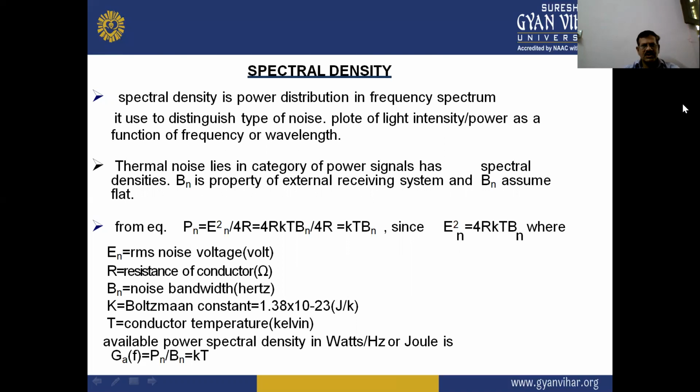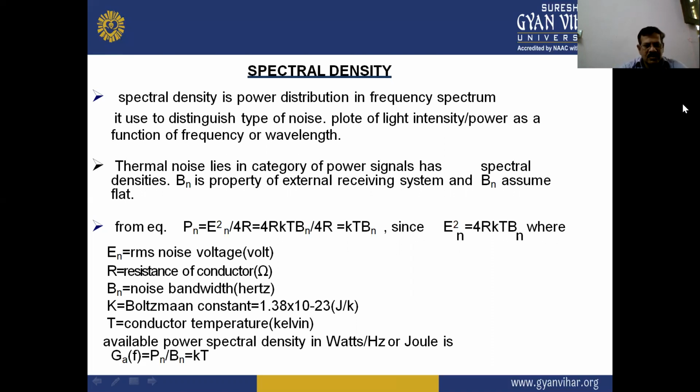So thermal noise lies in the category of power signals that has spectral density. Bn is a property of the external receiving system and Bn is assumed flat. Bn is the bandwidth of the noise.